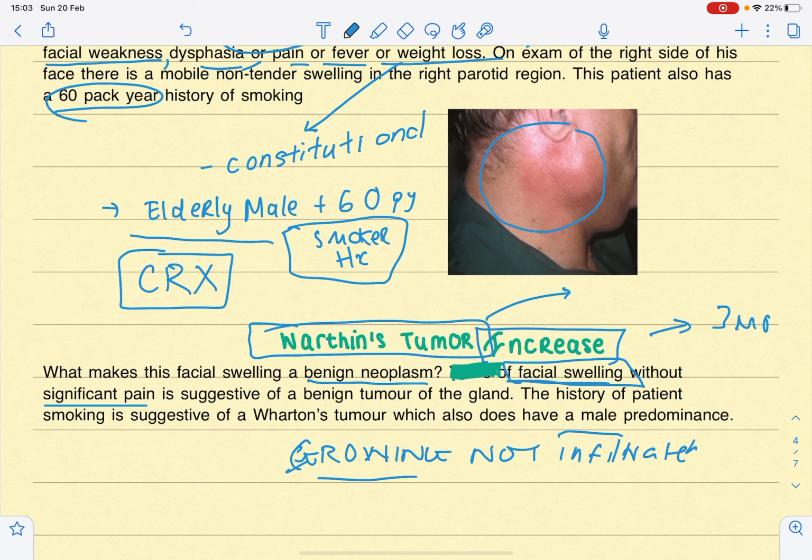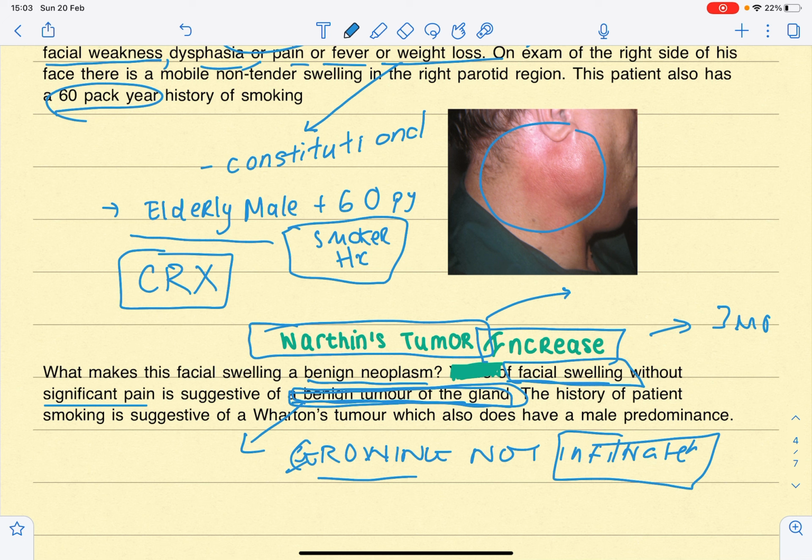So it's a growing tumour yet not yet infiltrated into the facial nerve. So that is a benign tumour, something which is more gradual growing, something which is more slow growing. And it also has lack of invasion, lack of infiltration into the facial nerve.